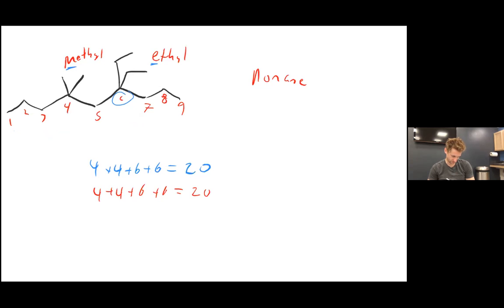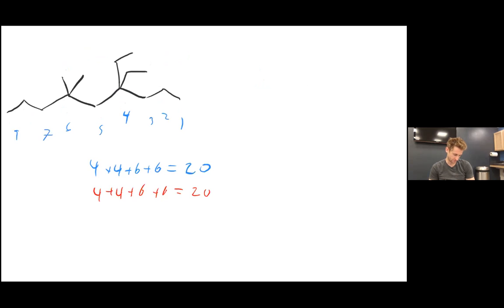No, wait, I picked the wrong one, didn't I? Yeah, this is the one I want. There we go. Okay. All right, from here we're doing just kind of our normal naming. So 9 carbons is a nonane.